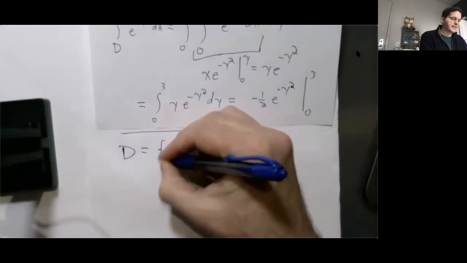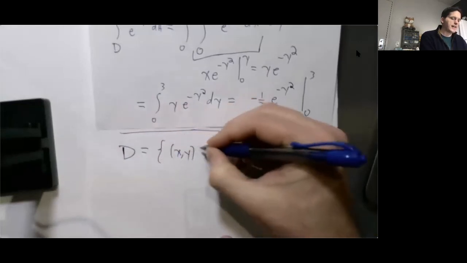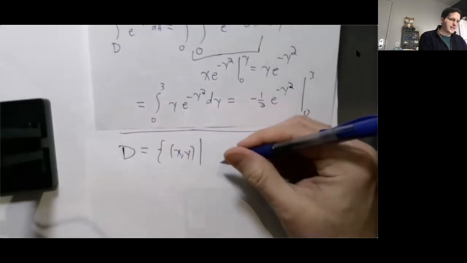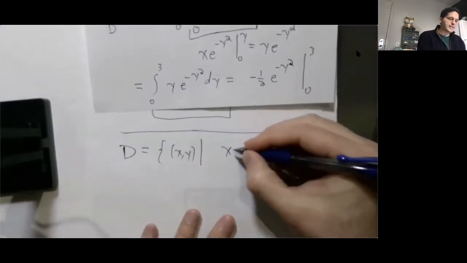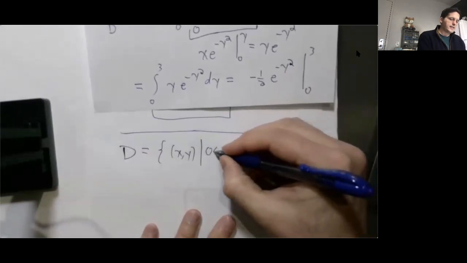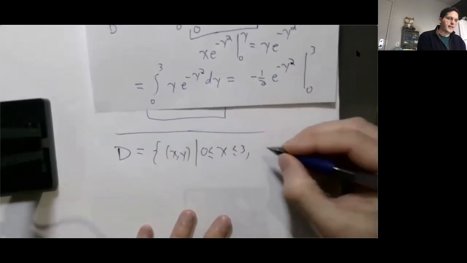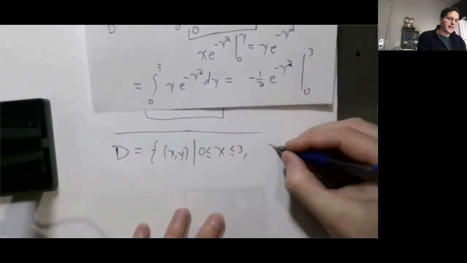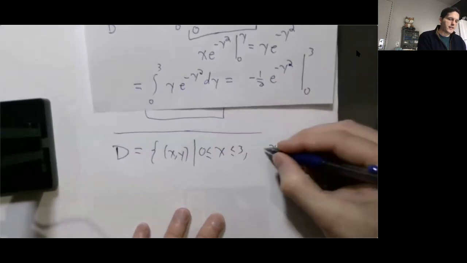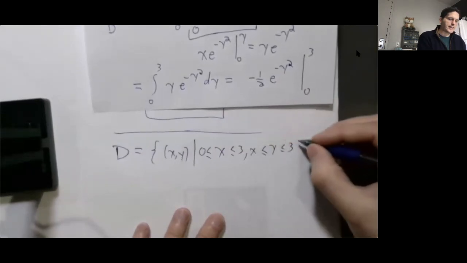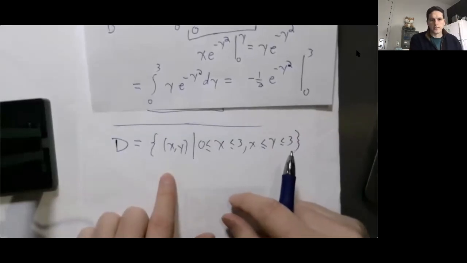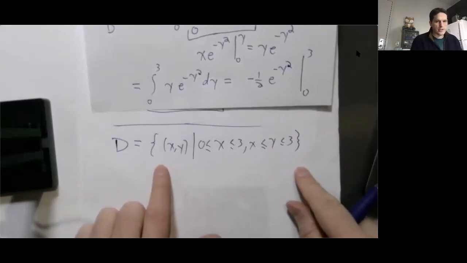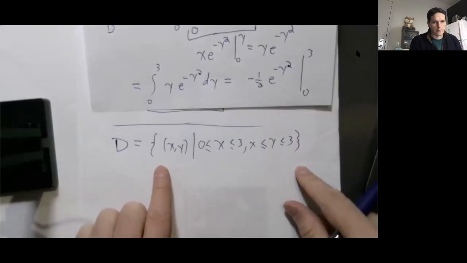D is equal to the set of all points x, y, such that x is between 0 and 3, and y is between x and 3. That's an equivalent and an equally correct description of D, and this way of looking at D shows that D is also a type 1 region.